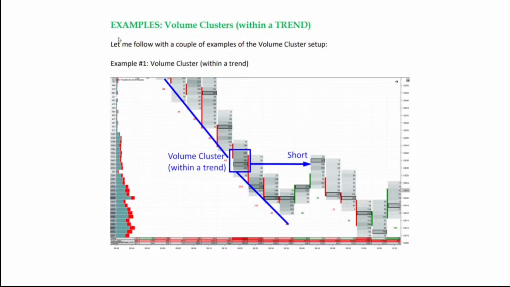Again, I don't have the ability to go back right now due to the contract change, so I had to use an example from Trader Dale's book. This would be an example of a volume cluster in a trend where price is moving down. We have the larger volume of trades occurring here. This is something that I don't trade.